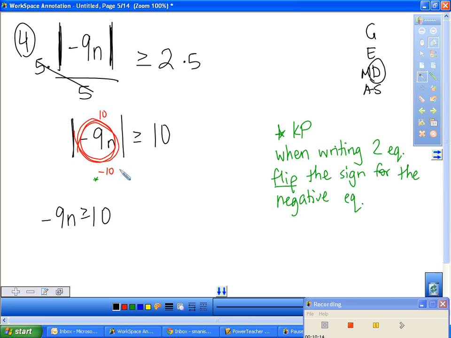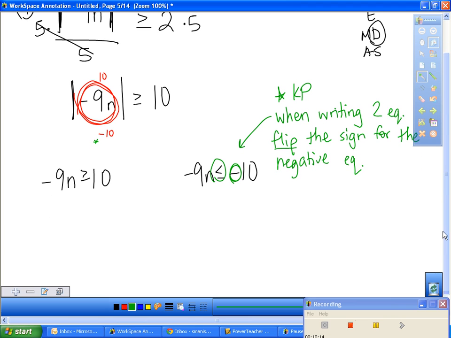Now my negative example, I want to write negative 9n, and I flip the sign. So instead of saying greater than, I'm going to put less than or equal to, and my negative 10. Right? So whenever you have this negative part of your equation, you should also be flipping your sign, and that's what the key point is referring to.